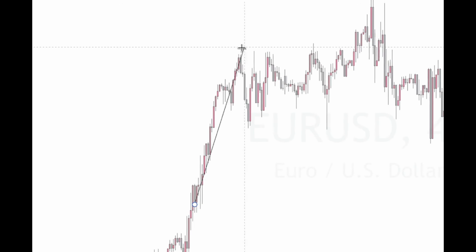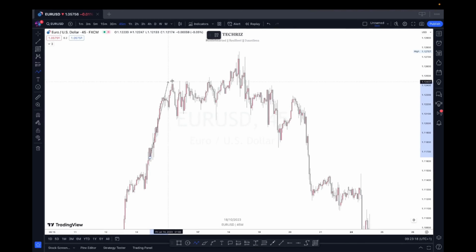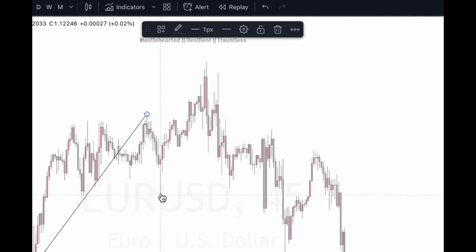Now any high the market creates needs to be higher than any level before it. So I can't consider this particular place as my high because this particular high here is higher than them. If I consider this particular place as my high, then I can equally treat this particular place now as a liquidity sweep, and then I get caught up. So this is my high, this is my low, right? Oh, network has started misbehaving.